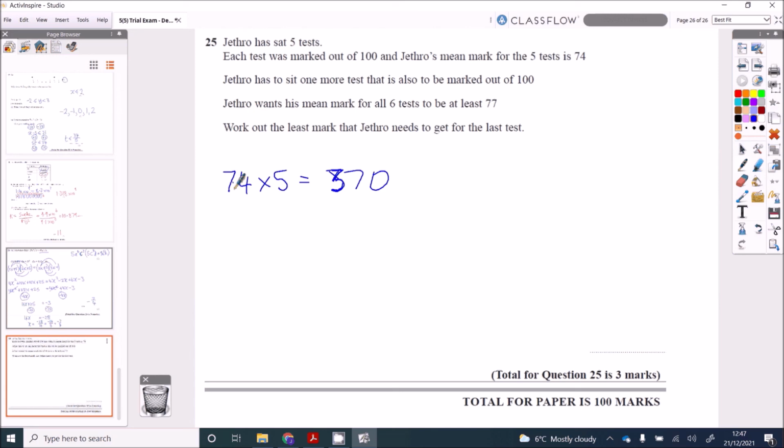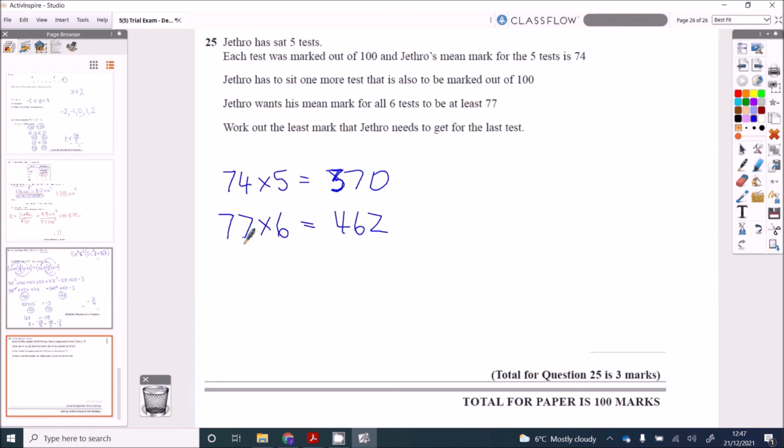Now, by the time he's taken the 6th test, he wants his mean mark to be 77. So, by the time he's finished his 6 tests, how many marks will he have had to have got in total so far? Well, it's going to be 77 times 6, which is 462. Again, it's a lot easier to see it the other way around. Once he's taken his 6th test, if he had got 462 marks in total, divide that by the number of tests, which is 6, to give him a mean mark of 77.